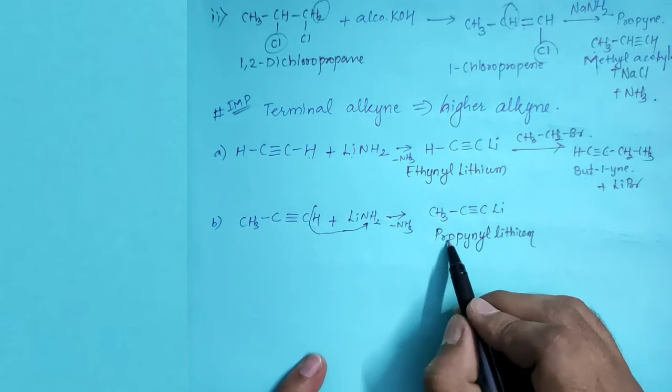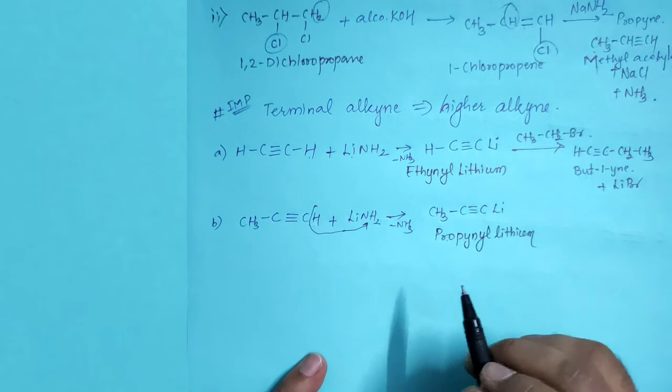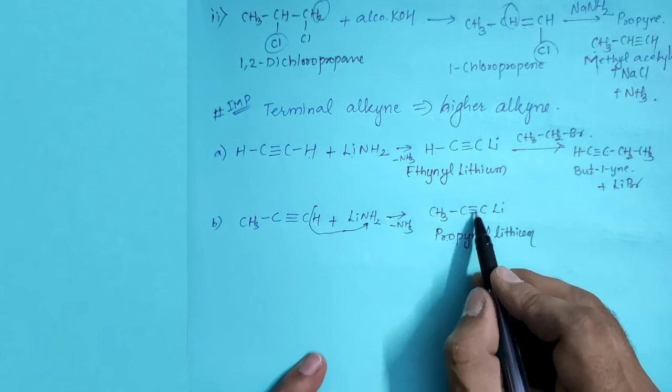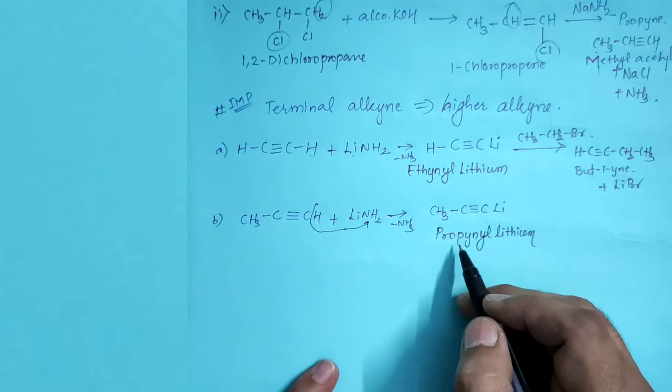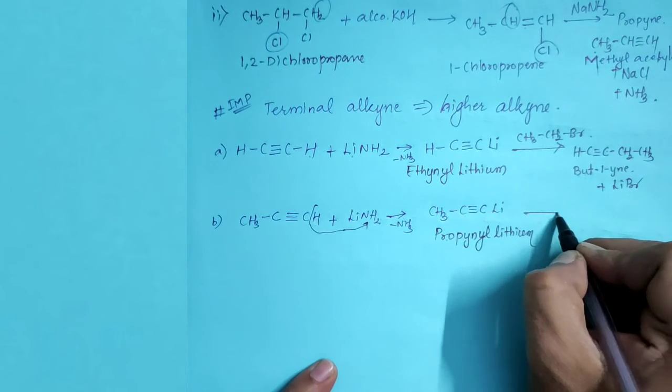I can write over here propyn-1-yl 1 lithium, that is, the triple bond is at one position and the yl is also at one position. If you don't write the number, that also will do.